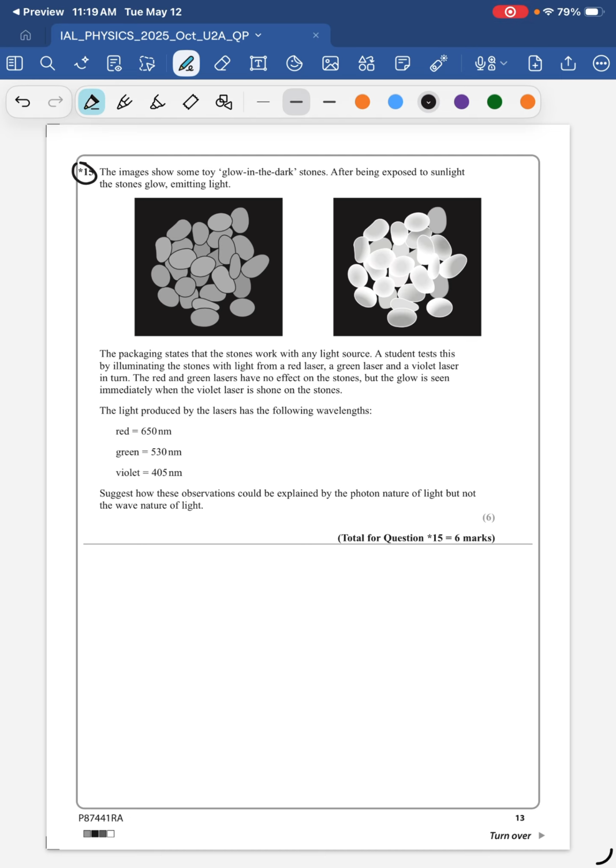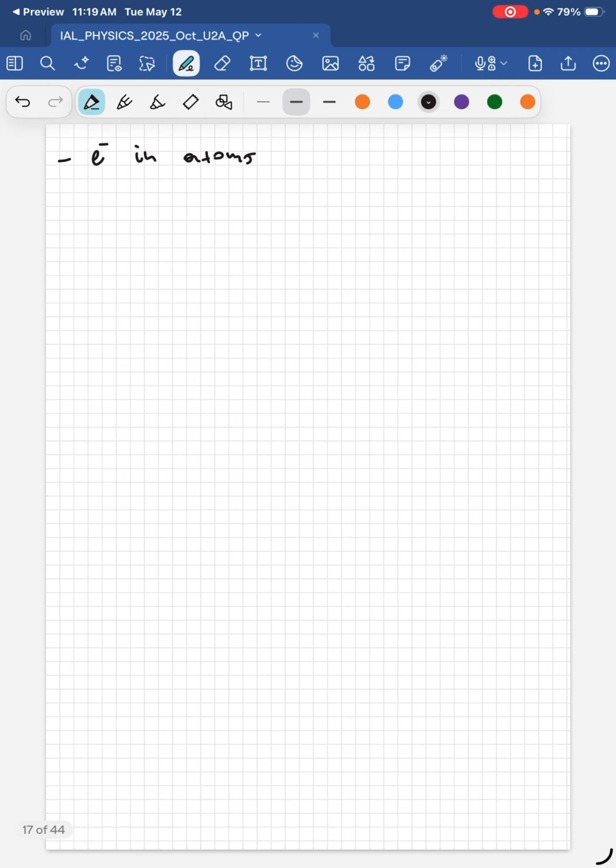So between 5 and 7, something like that, will give you the full points. Okay, so electrons in the atoms of these stones have fixed discrete energy levels.